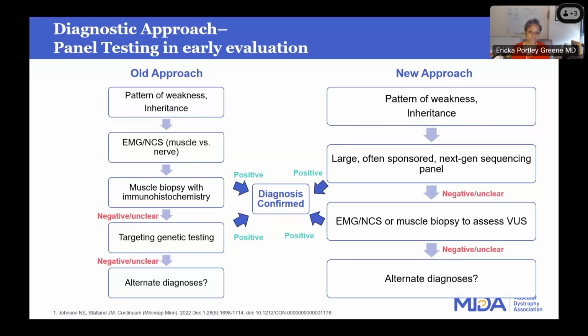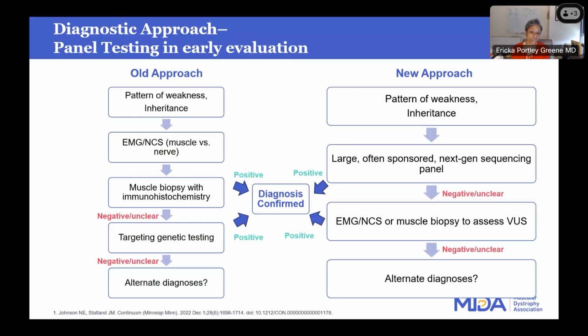I think what's the same is the observation, the history, and the exam. That can't go away. Nothing else is as important as your clinical assessment of the patient: observing, taking their clothes off, watching them walk, getting a very in-depth family and clinical history, developmental history, seeing if there's an inheritance pattern. That's where it begins, because thereafter, it really directs your care and your approach.